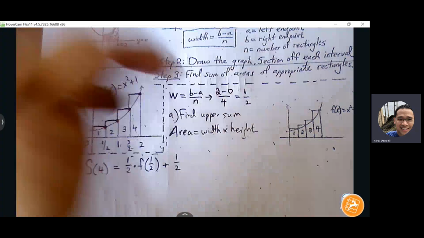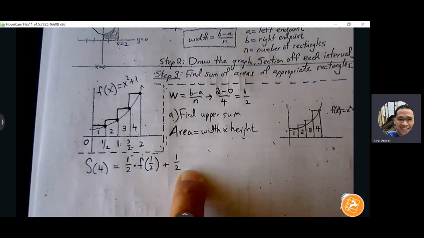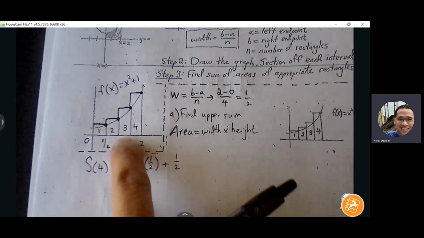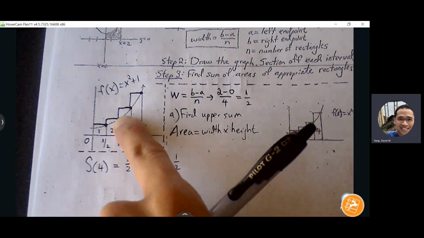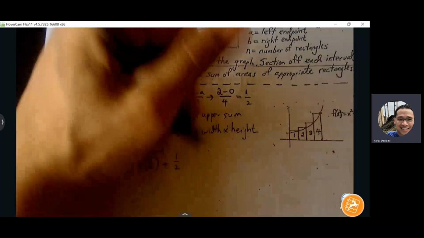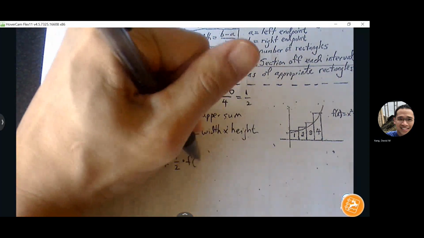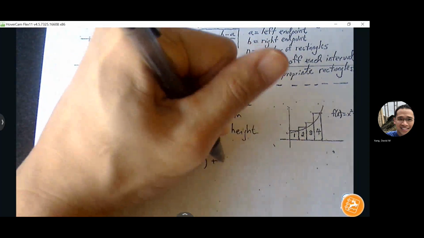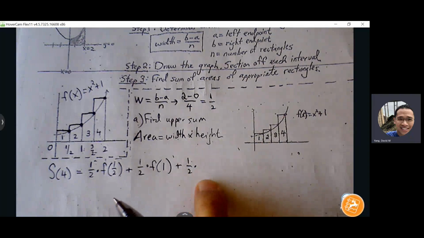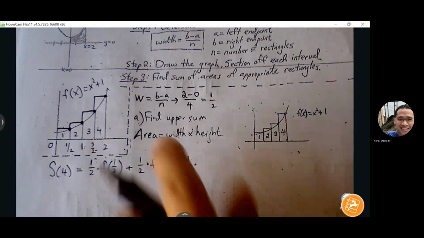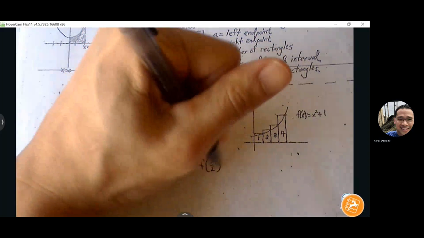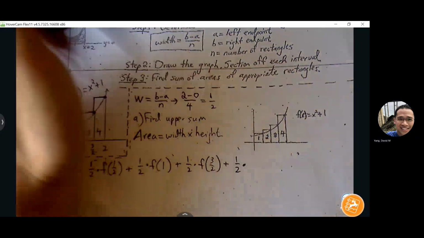Okay, second rectangle, width of 1/2. What's going to represent the height of my second rectangle? f of 1. Yep, f of 1 is going to be the height that I want to represent for my second rectangle. Third rectangle, also width times height, 1/2 times. Good, f of 3/2. Okay.